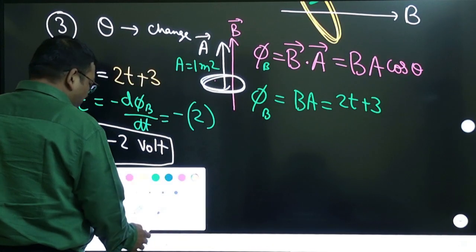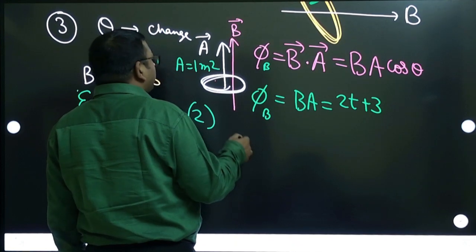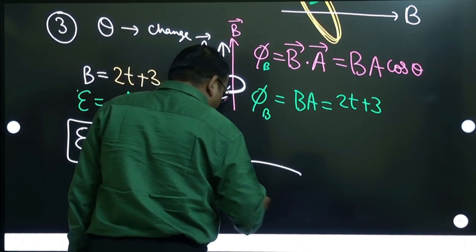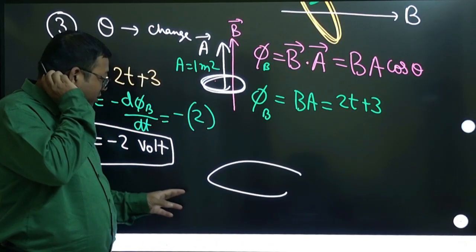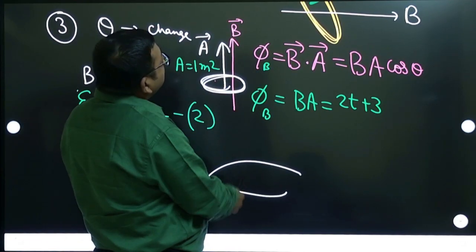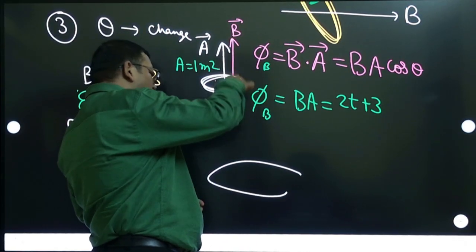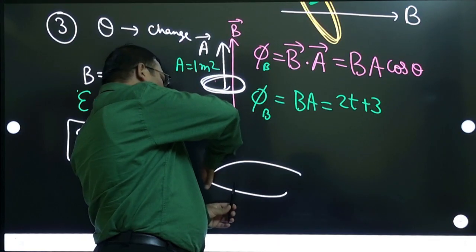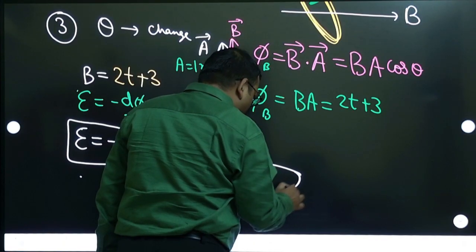How to show that. Suppose I am showing it like this way in this plane. When I am showing potential difference, we need to connect a battery. You can see that the magnetic flux is increasing in the upward direction. So to oppose this, it will produce flux downward. Downward means, if I see from the top, the current must go clockwise.